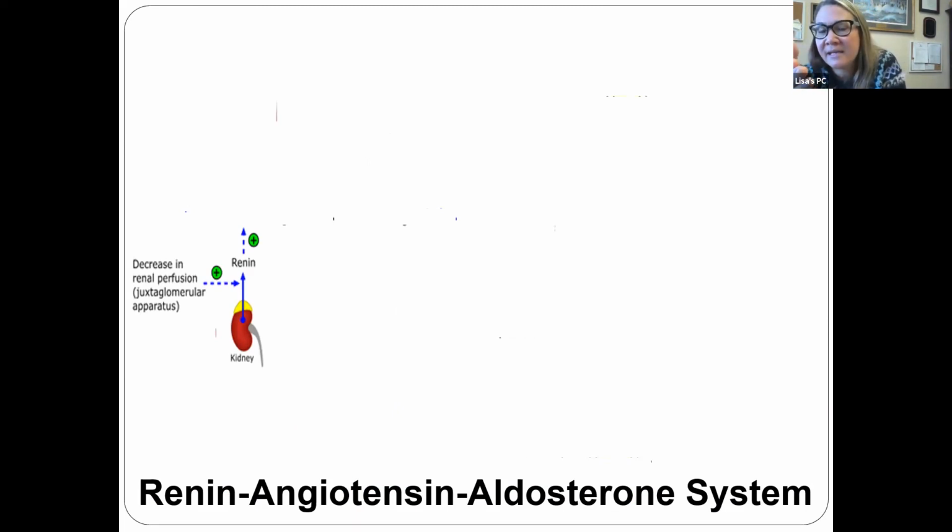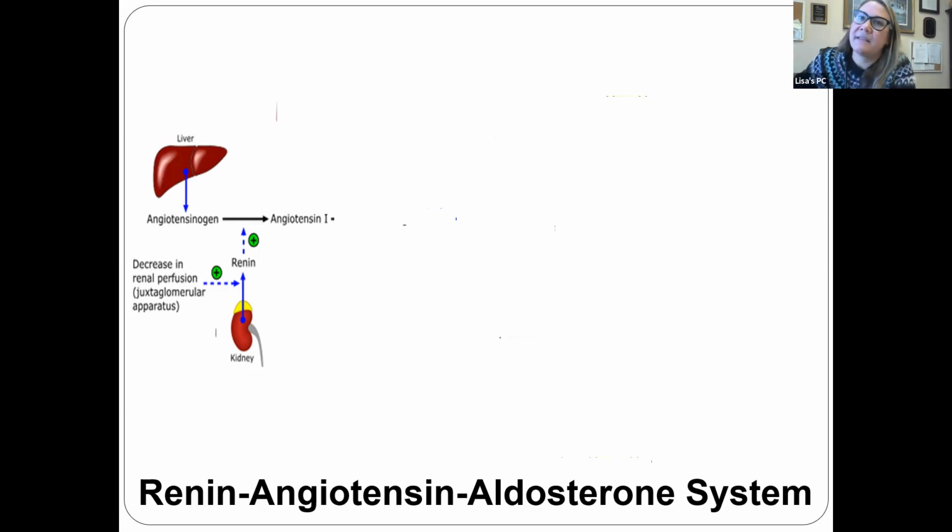So at your kidney, in response to a decrease in perfusion to the kidney, renin is produced. Renin converts angiotensinogen to angiotensin 1.